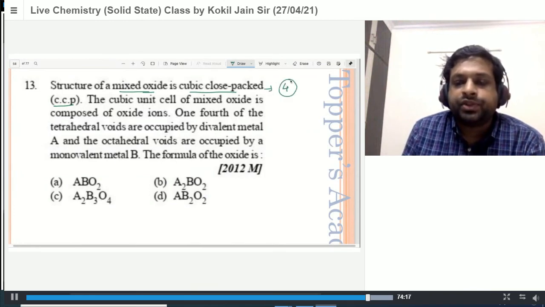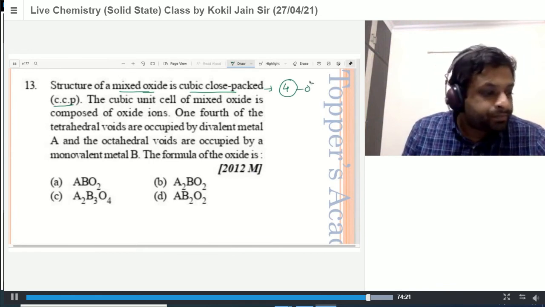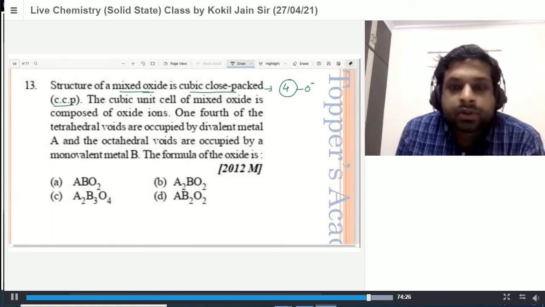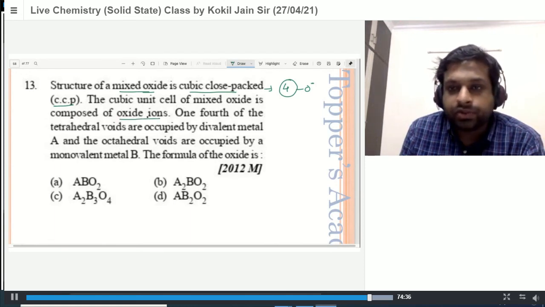Oxide is going to assume this type of structure. The cubic unit cell of mixed oxide is composed of oxide ions, so we are calculating this as 4 atoms of oxide ion.